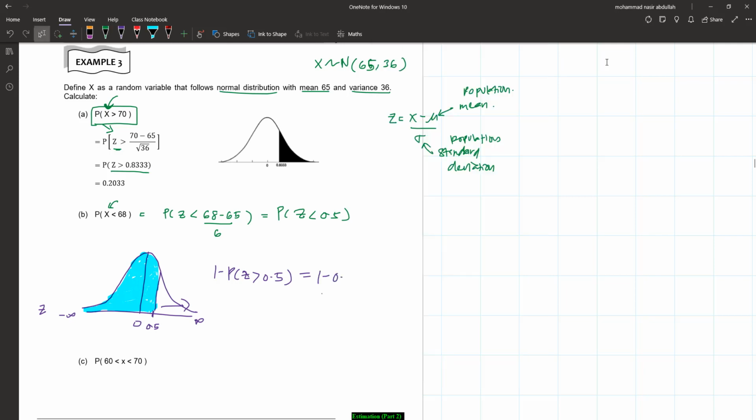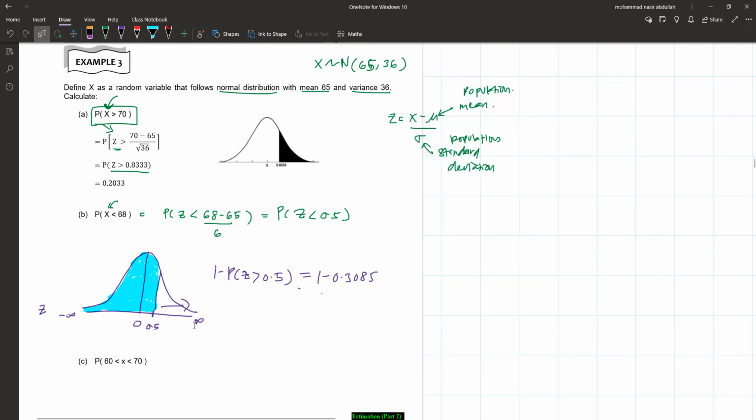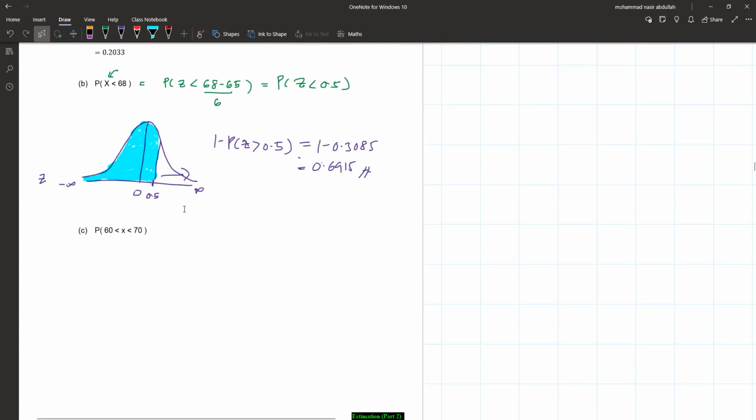So 1 minus 0.3085 is 0.6915. I think this is very simple, because we already practiced on the previous example. The only difference is that we need to convert from x to the standard normal distribution.